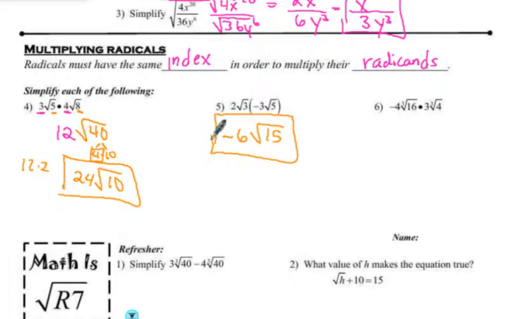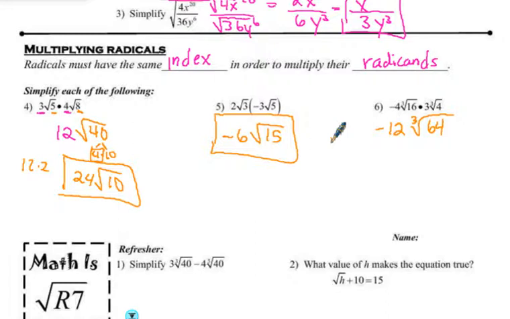For number 6, following the same process, I'm going to multiply the outsides. Notice I have a cube root this time, so I got to make sure that both of them are the cube root. So when I multiply my outsides, I'm going to have negative 12, and on the inside I'm going to do 16 times 4, which is 64. Now, what I'm going to do is evaluate cube root of 64.